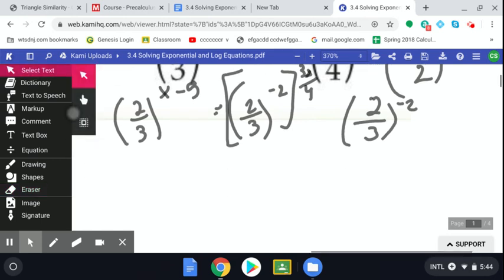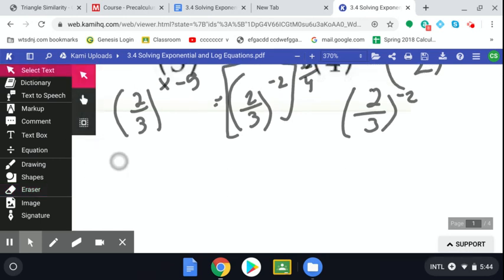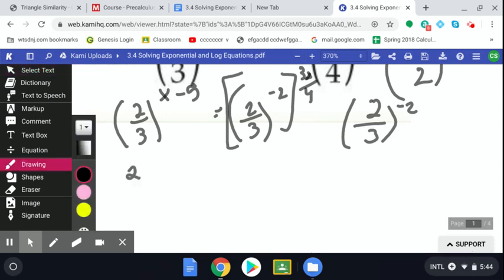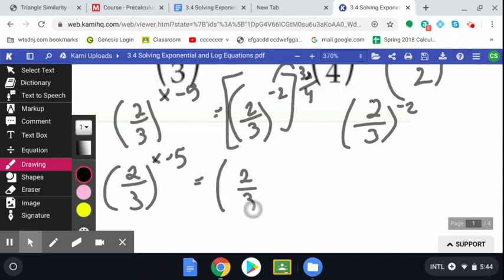Okay. I can say that 2/3 to the x minus 5 power is equal to, and now I'm going to have to multiply those exponents. So that is equal to 2/3 to the negative 2 times 3x over 4, which is the same as negative 3x over 2.